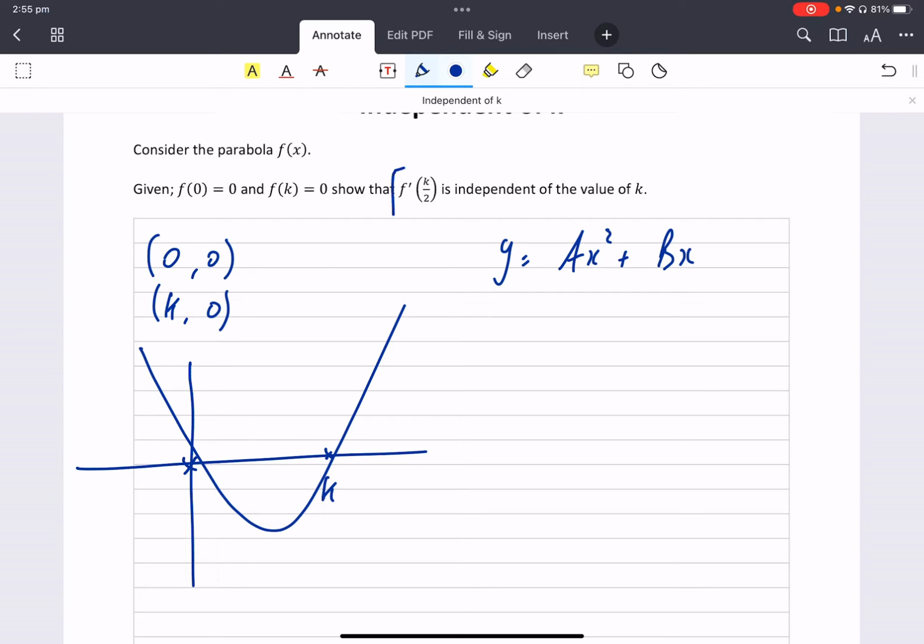We also need to get a differentiation happening. So y dash is 2ax plus b.